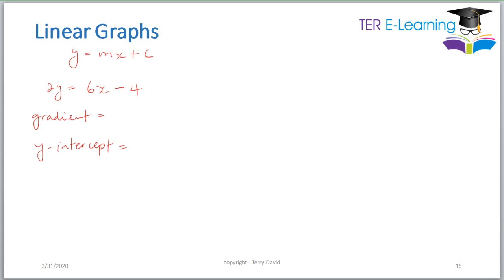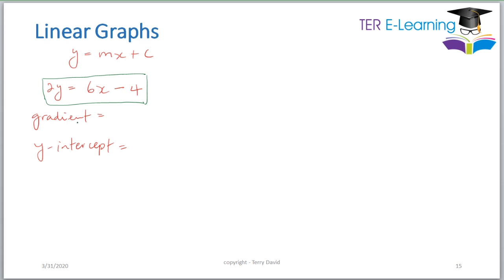Alright, so I'm seeing some people saying gradient is 6, some people saying it's 3. Some of you all fell for it, right? CXC will deliberately give you a question like this, and some of you fell for it.